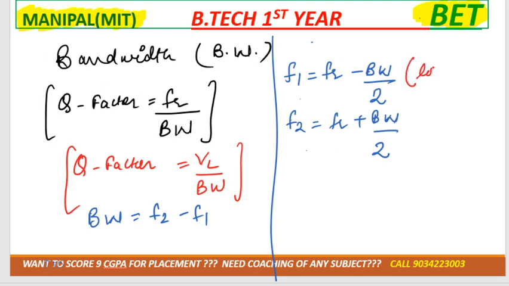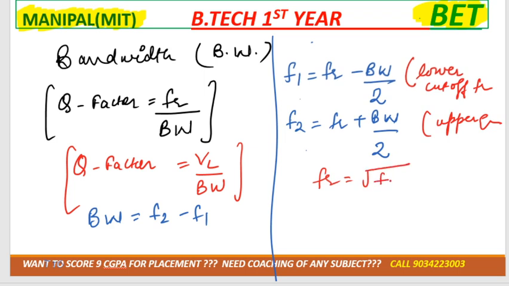Here F1 is the lower cutoff frequency and F2 is the upper cutoff frequency. The relation between the resonant frequency and the lower and upper values is FR equal to root of F1 into F2. So basically you need to remember all these formulas. Then only you'll be able to do questions based on resonance.